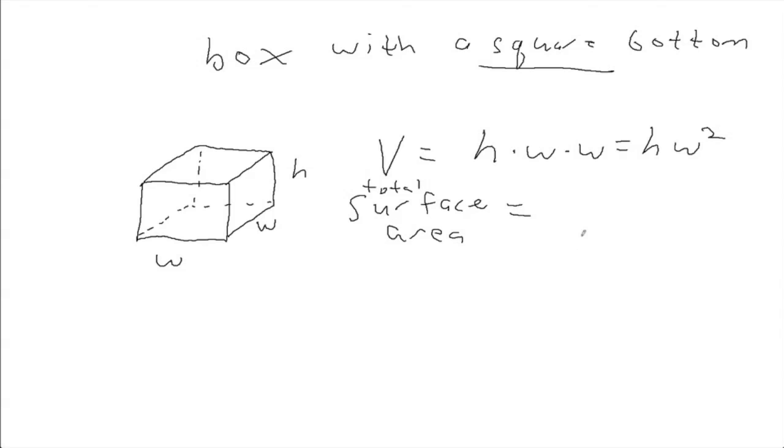So we have a square on 1, 2, 1. Okay, so it's w squared plus the sides.